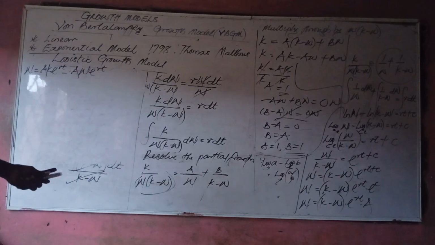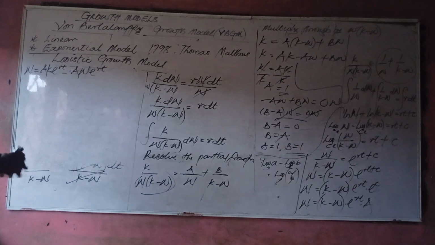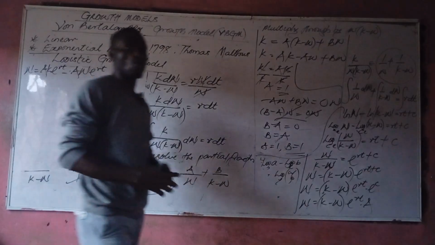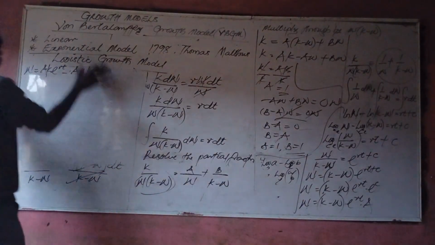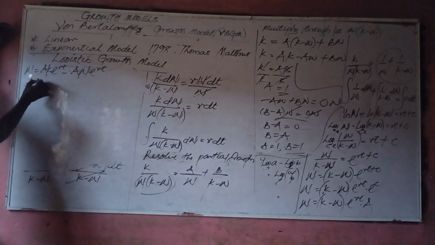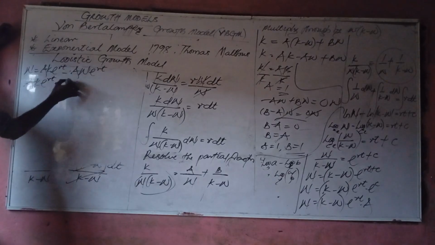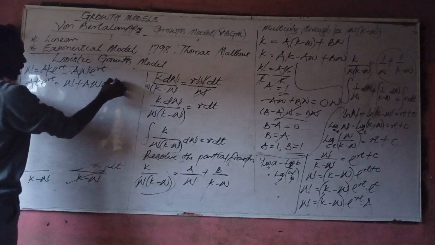Does this help our situation at all? I don't think so. Since we are looking for an expression for W, this term will come here. So it becomes A K E to the RT equal to W plus A W exponential RT.